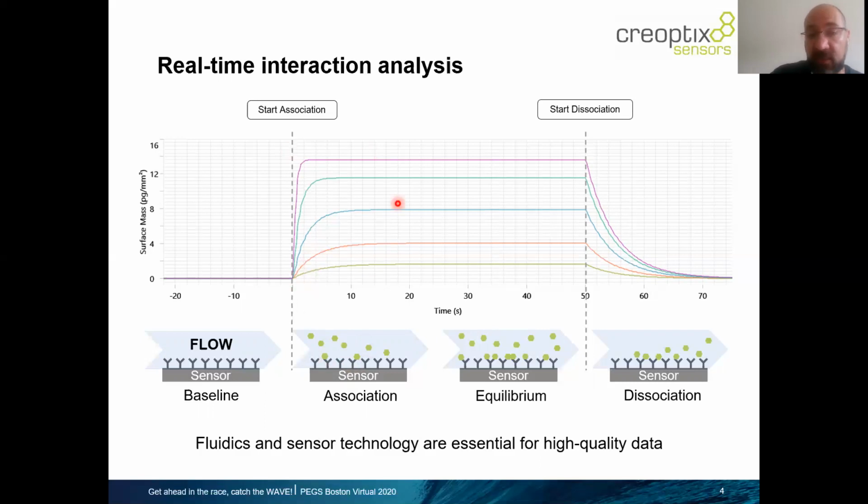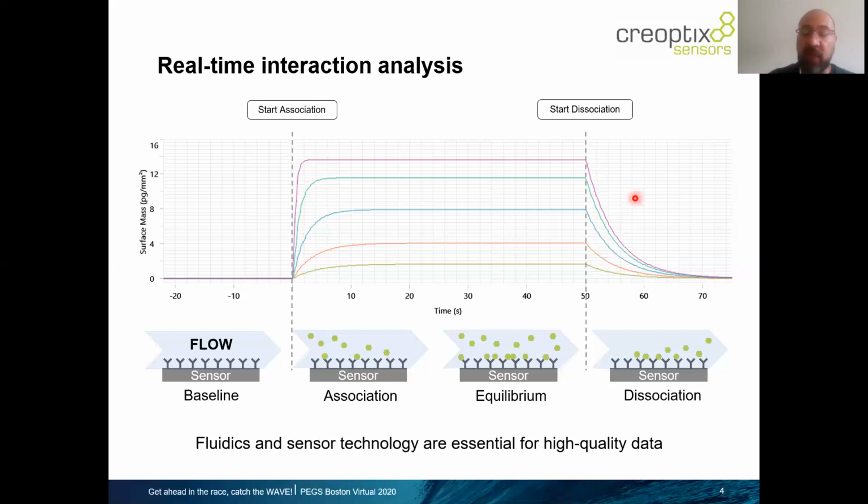This creates what we call an association curve, from which you can derive your on rate. At some point, the sample injection is stopped, but there is still a flow of buffer that causes the molecules to dissociate. This is what we call a dissociation curve, from which you can derive your off rate.